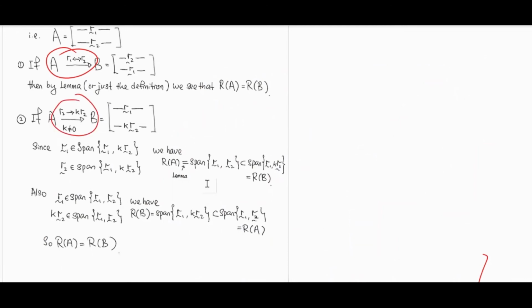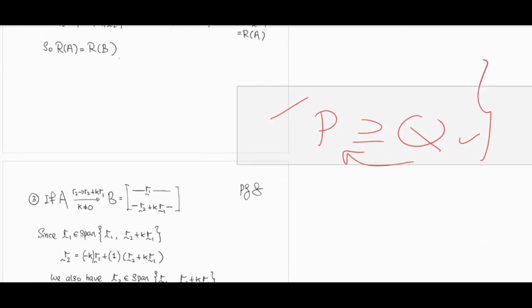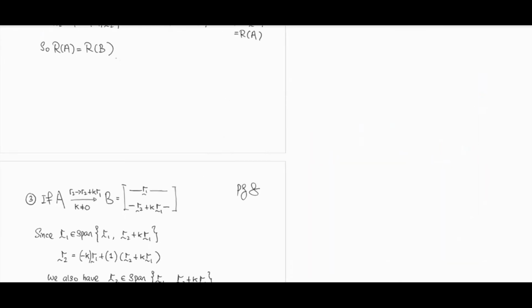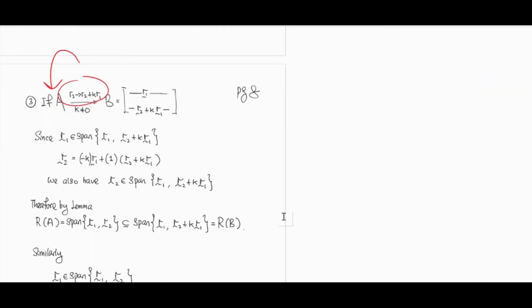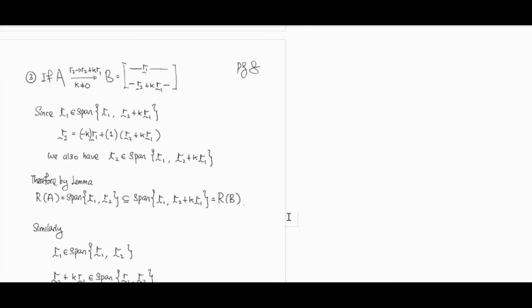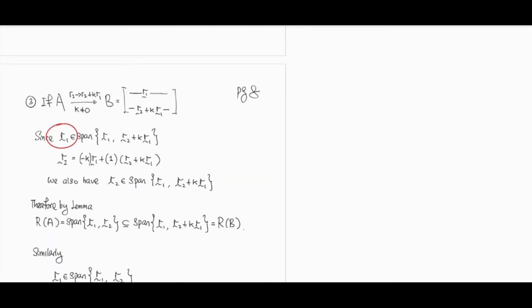As you know, we have another elementary row operation, which looks like this. We can take the second row of matrix A and add k times the first row of matrix A. If you do that, your matrix B will have the first row that looks like this, and the second row of matrix B will look like this. Again, row 1 is obviously in the span of R1 and R2 plus KR1.